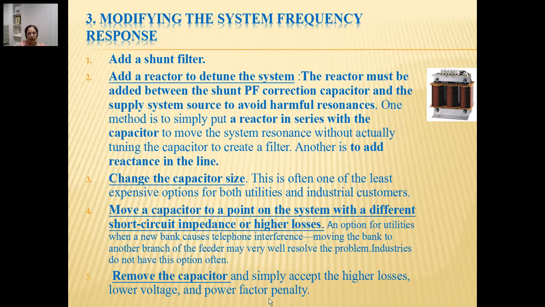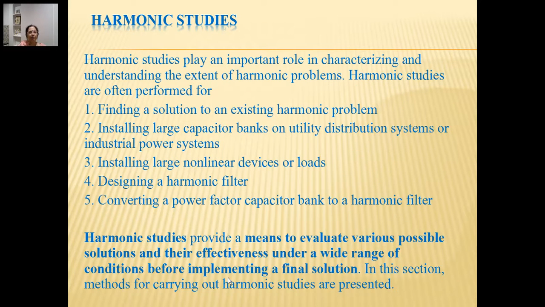So when there are problems arising because of this capacitor, the simple solution is removing the capacitor, because of which a power factor penalty may be required to be paid or we accept higher losses and lower voltage. So this is a compromise between two difficulties. Okay, so this is the last option.